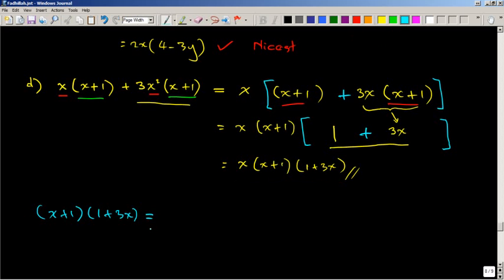If you expand that, what will happen? What is going to be the answer?